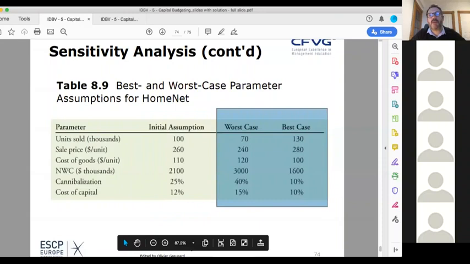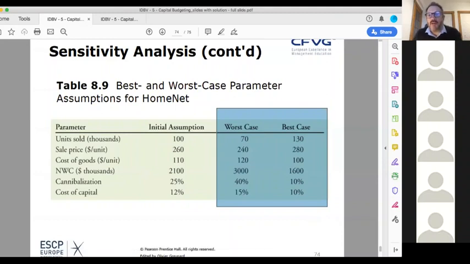Then we can imagine a worst case and a best case scenario. So in real life, this worst case and best case scenario would come from information we gather in the firm, okay? We go and see the marketing department about what could be, in their opinion, the most optimistic scenario for the quantity to sell, the worst scenario, and so on, okay?